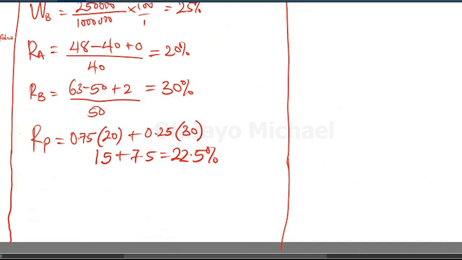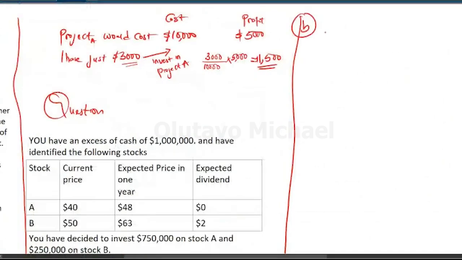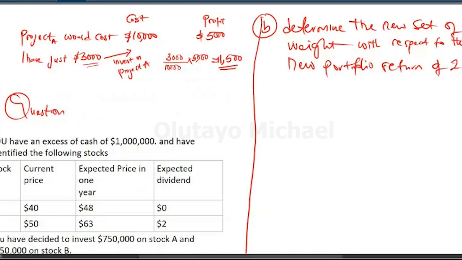Thank you. Next question is, now you desire an outcome of 28%. How would you invest your 1 million naira? This one is asking us to determine the new set of weights with respect to the new portfolio return of 28%.